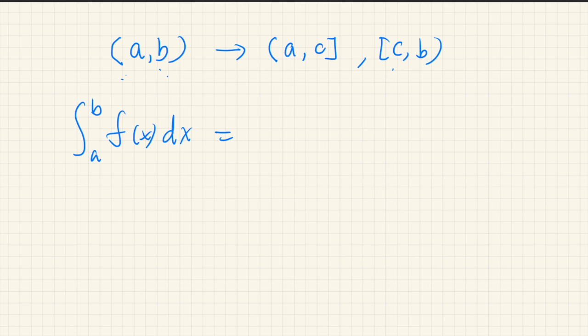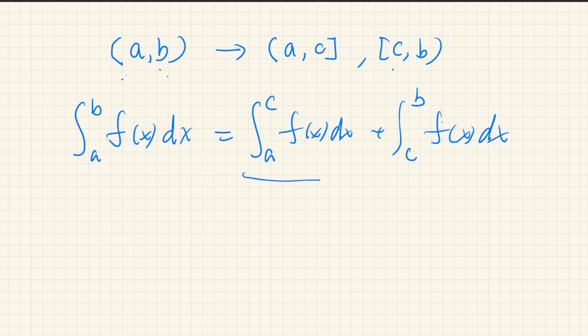So we can split this integral into this and c to b. And now we have defined how to compute this improper integral and this improper integral. And if both integrals converge, then we define this sum as this improper integral on an open interval.